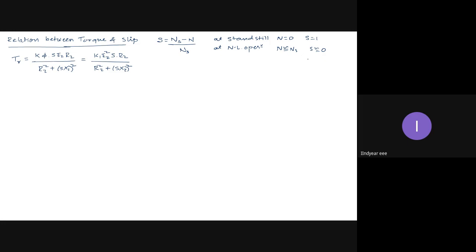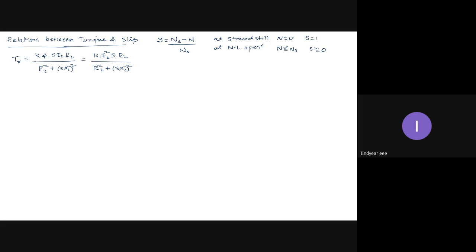From no load to full load, the variation of slip is considerable. Therefore, the behavior of the torque with respect to slip is different at different values of the slip.